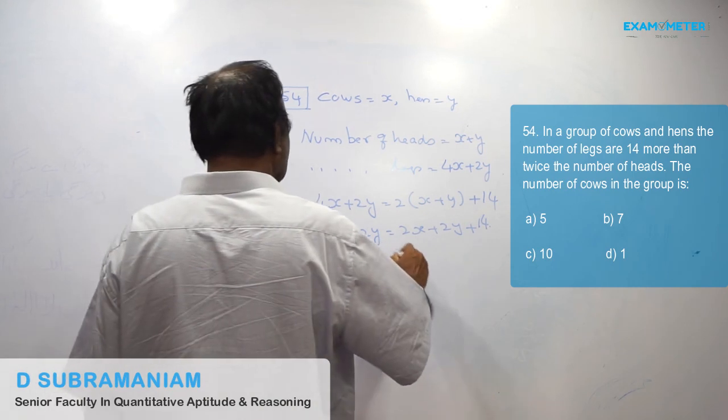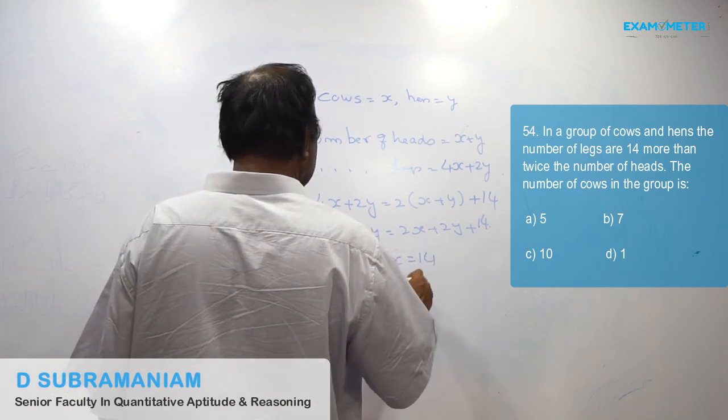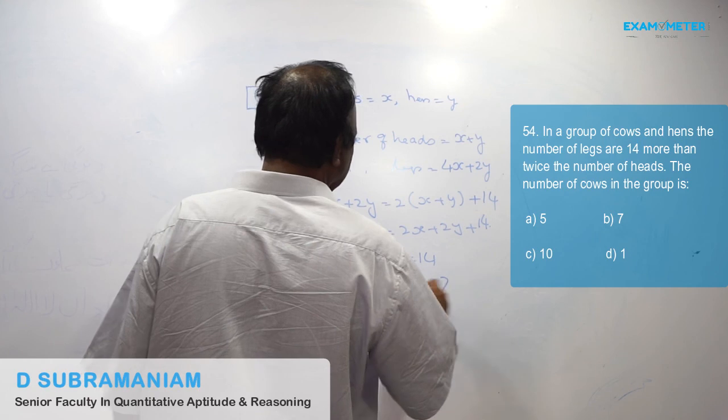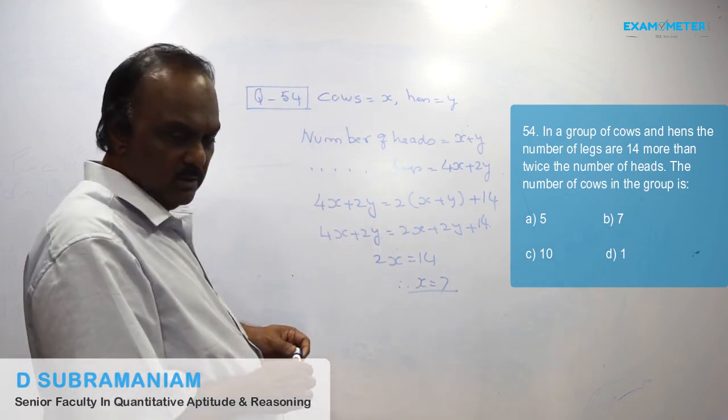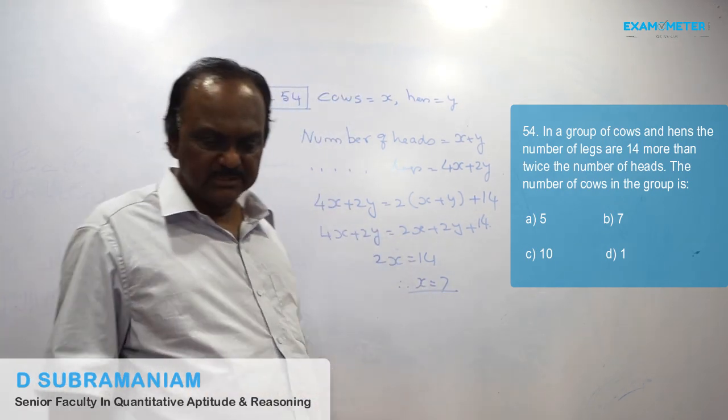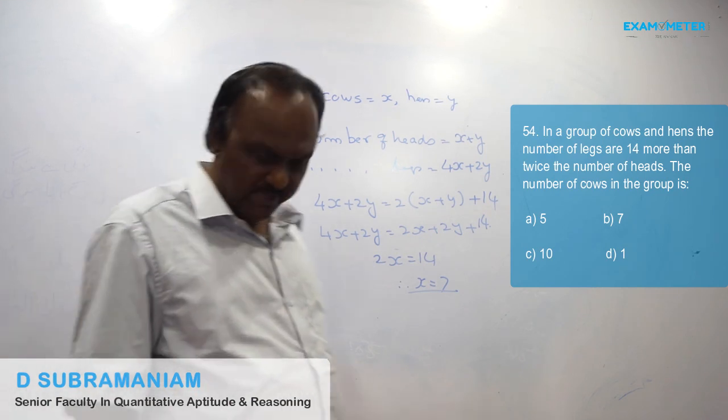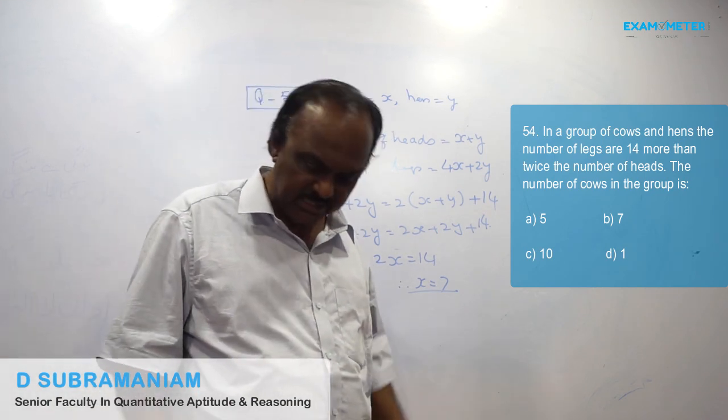So 2x is equal to 14. Therefore, x value comes to 7. So answer is 7, that is multiple choice B.